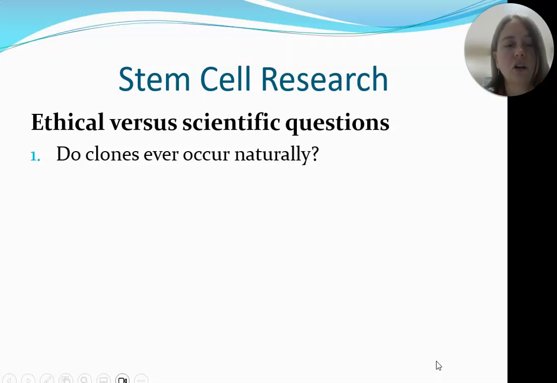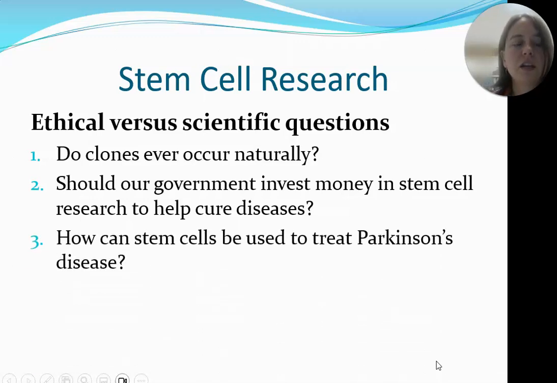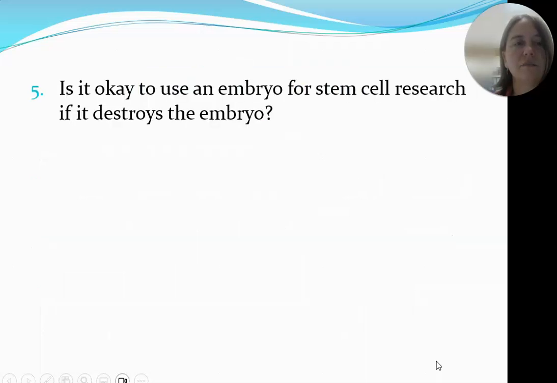Do clones ever occur naturally? Number 2, should our government invest money in stem cell research to help cure diseases? Please write ethical or scientific. Number 3, how can stem cells be used to treat Parkinson's disease? Ethical or scientific? Number 4, what are the potential drawbacks of using embryonic stem cells for research? Ethical or scientific? Number 5, is it okay to use an embryo for stem cell research if it destroys the embryo?